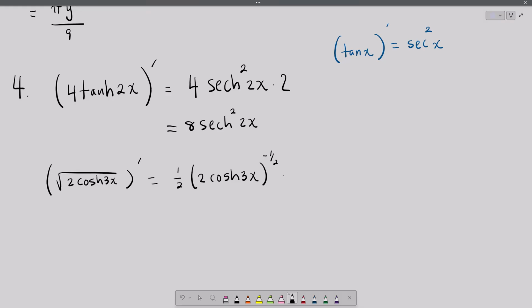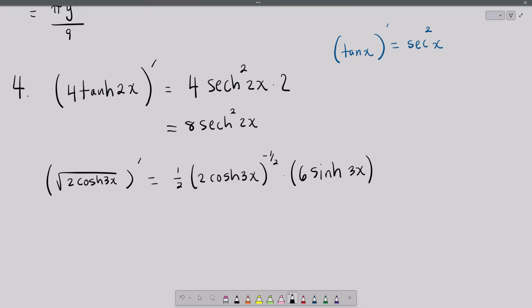the derivative of the inside. And what's the derivative of the inside? Sinh of 3x times 3. Yeah, what you all were saying. The derivative of cosh is sinh, the derivative of sinh is cosh. So inside here, we'll have a chain rule. We have to bring the 3 and multiply it by the front.